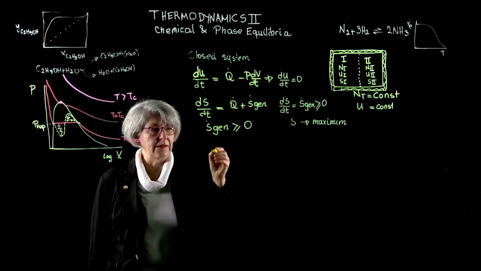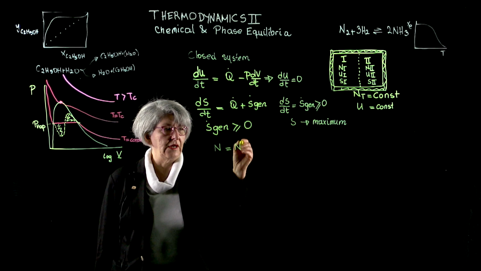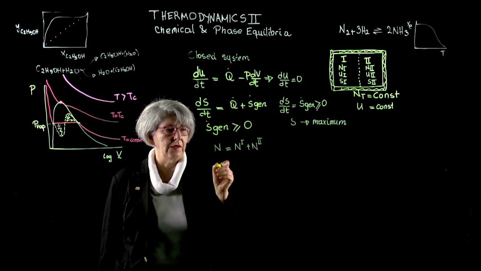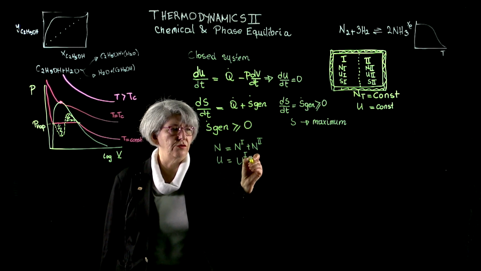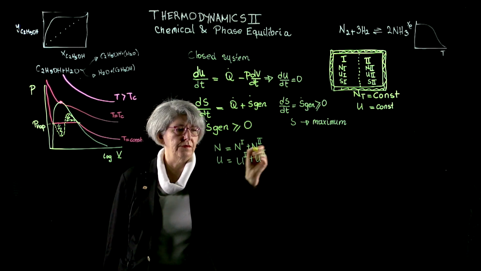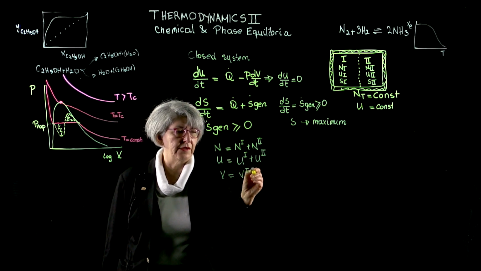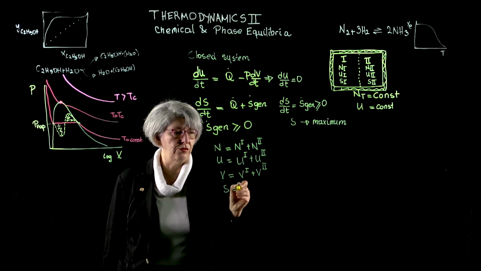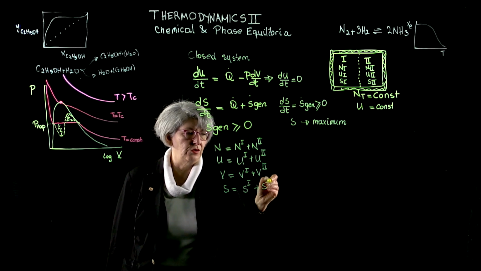In this system, we have n equal to n1 plus n2, u equal to u1 plus u2, v equal to v1 plus v2, and s equal to s1 plus s2.